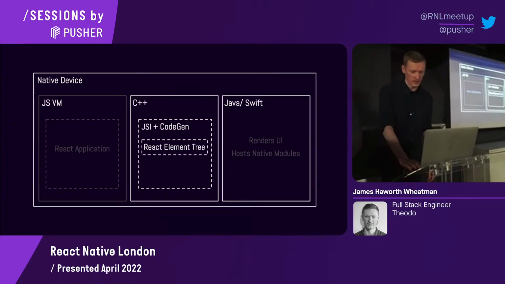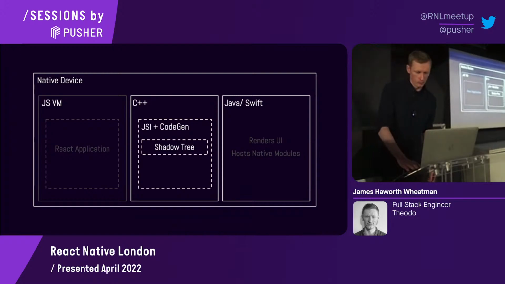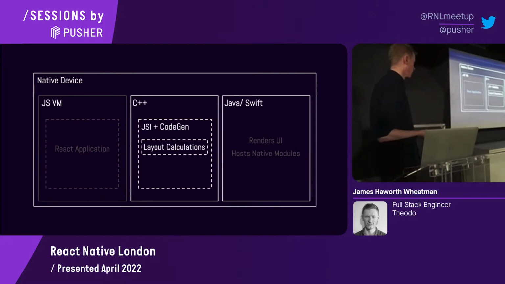What this is doing is taking the React element tree that we passed in some of those first slides, and it transforms that into the shadow tree. And it does a lot of layout calculations. This is kind of what the renderer is doing. It uses a library from React Native called Yoga to do those calculations. Obviously, in the web, when we're writing our React Native or React code, we're in the world of Flexbox, but that doesn't really exist in the native world.